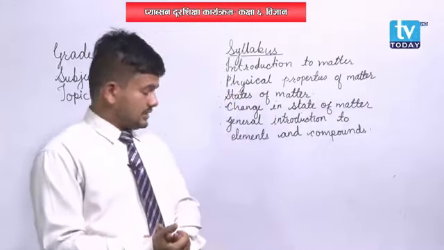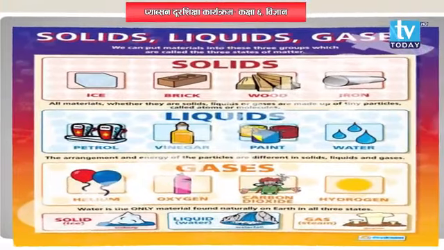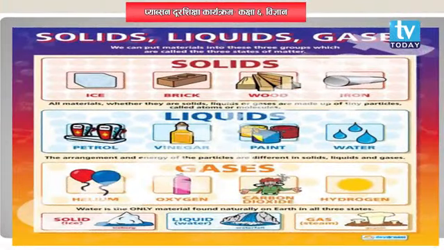Before starting the lesson, you can see here what type of pictures there are: solid pictures, liquid pictures, and gas pictures. What are the solids? You see there, ice, brick, wood, iron. And what are the liquids?